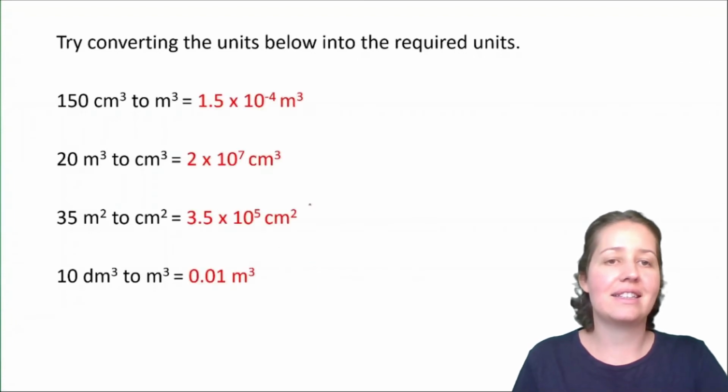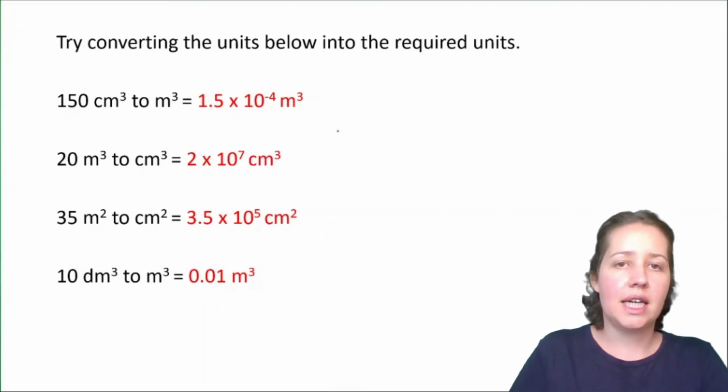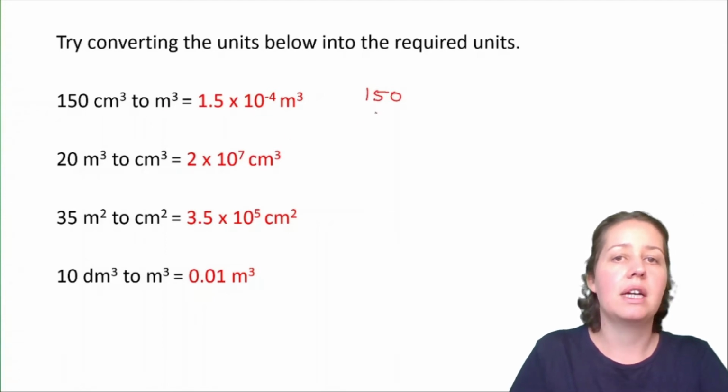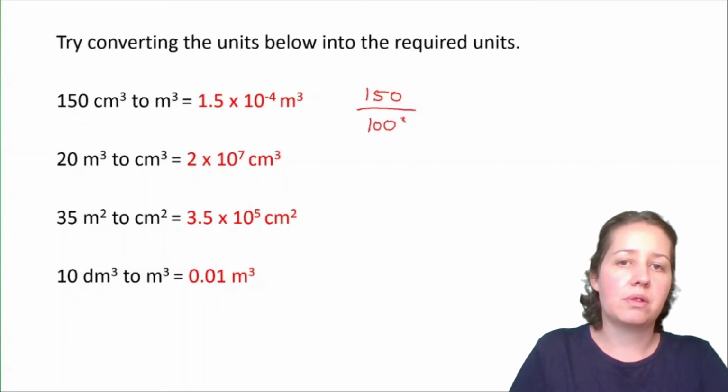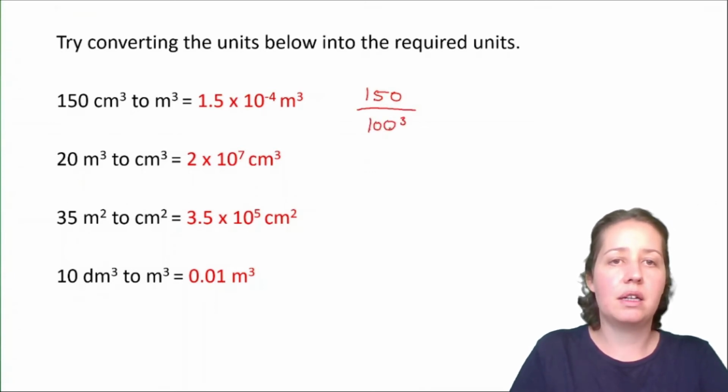Let's take a look at the answers. These are the answers that you should have got. I'm just going to take a moment to work through those for you. So here we have centimetres cubed going to metres cubed. So we are getting smaller. It's a factor of 100, but it's cubed. So I'm doing 150 divided by 100 cubed, giving me that answer. Metres cubed to centimetres cubed, I'm getting bigger now.